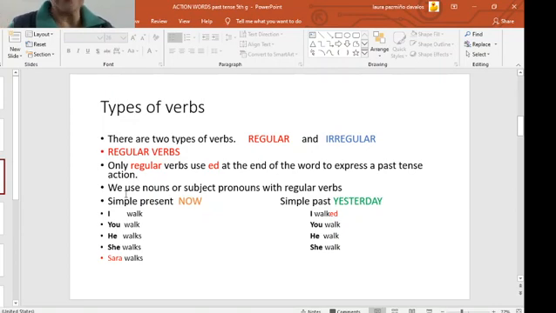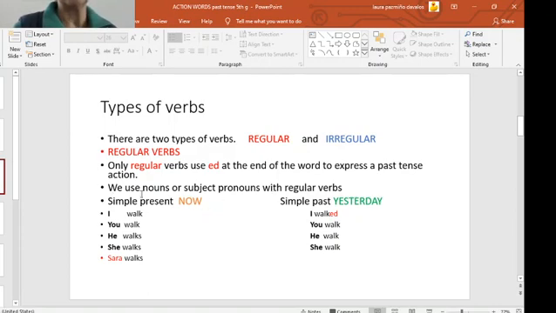Entonces, los subject pronouns are always, always in the sentence with the verbs. Siempre están los subject pronouns en todo. Y también los nouns. So, we use nouns or subject pronouns with regular verbs.